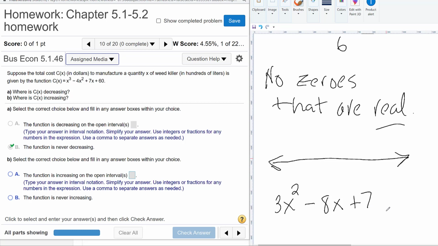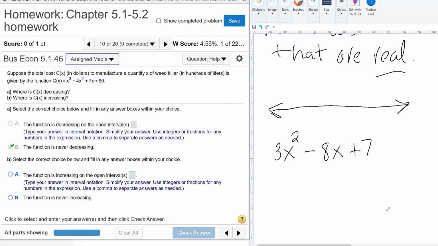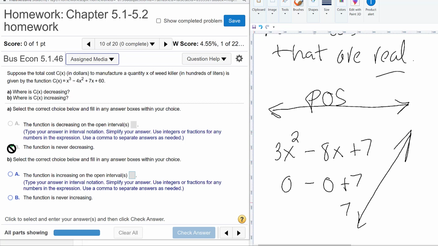Okay, so if we plug in any value, such as 0 minus 0 plus 7, we end up with 7. So it's always positive. The rate of change is always positive. Therefore, the function is always increasing, and choice B, the function is never decreasing, is our answer to part A.